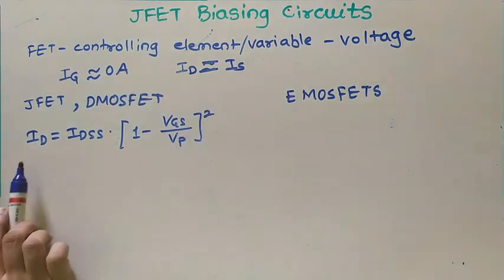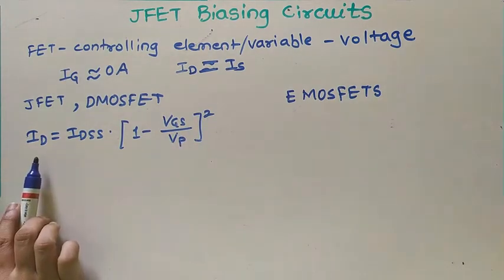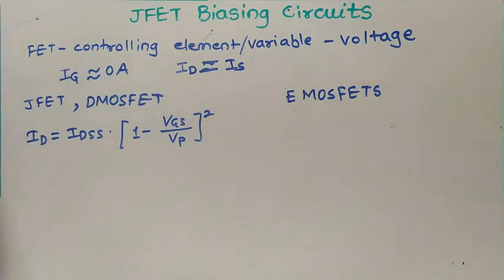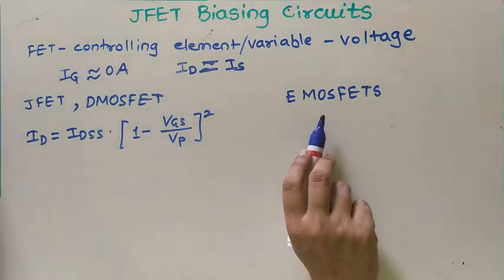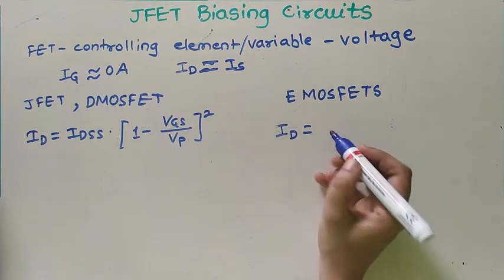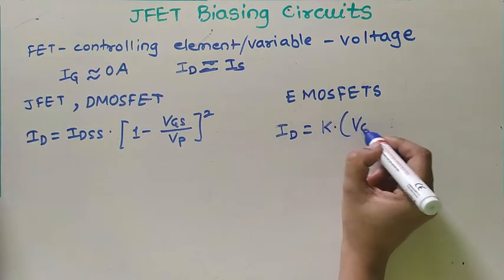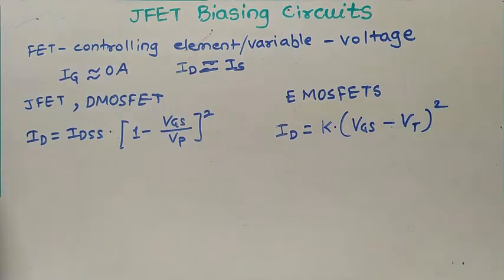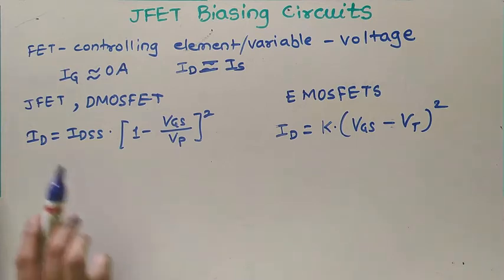Now for E MOSFET we have the drain current equation ID, which is equal to K into VGS minus VT bracket square. So these are the equations which are relating the input quantity to the output quantity in JFET, D MOSFET and E MOSFET.